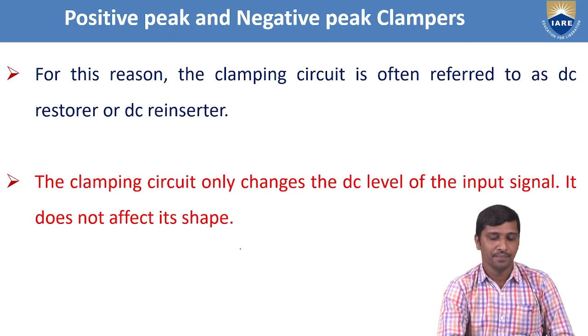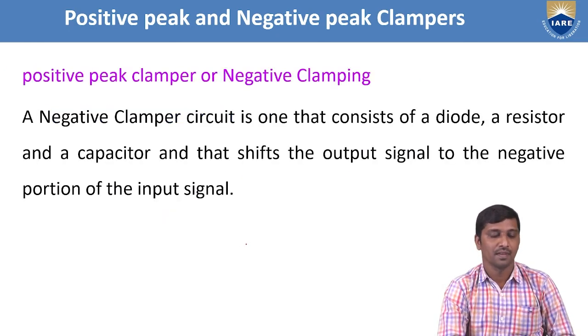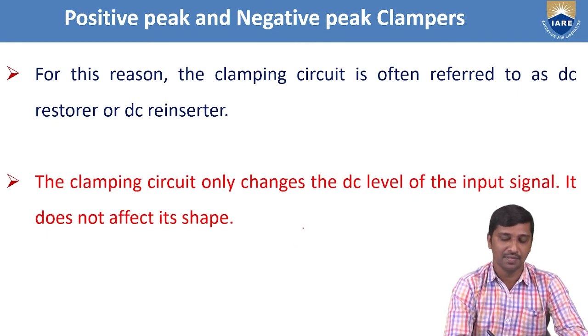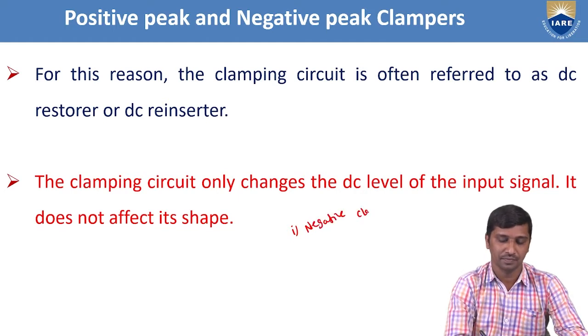Based on this, these clampers are classified into two types. One is represented as a negative clamping. Another one is represented as a positive clamping.